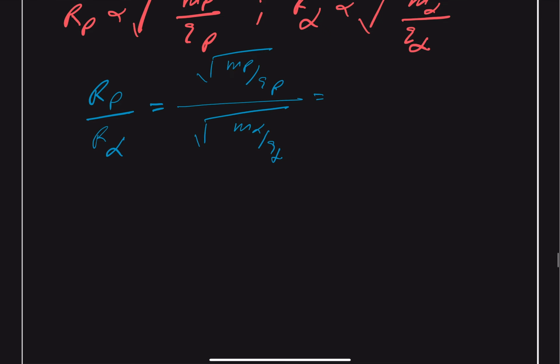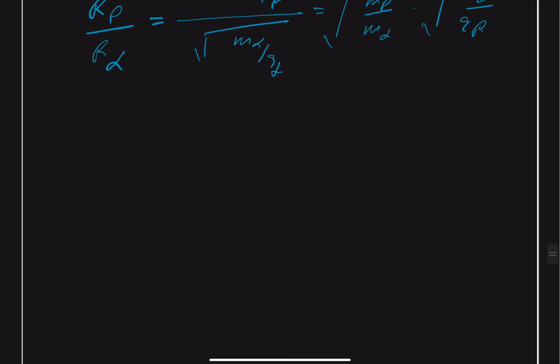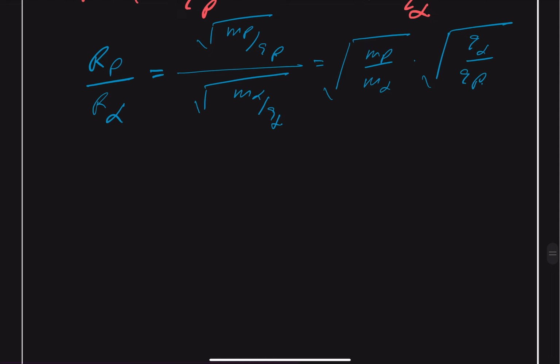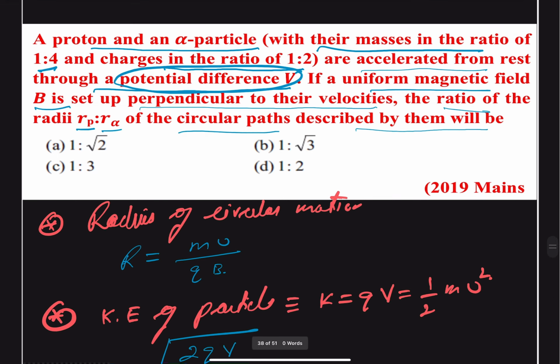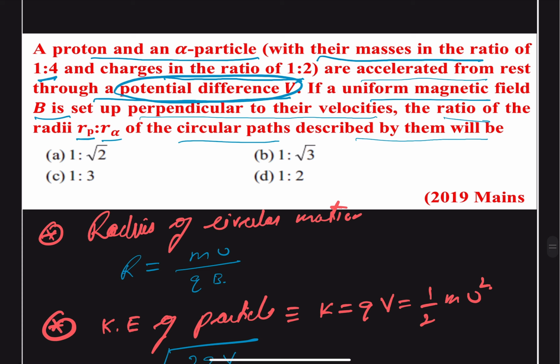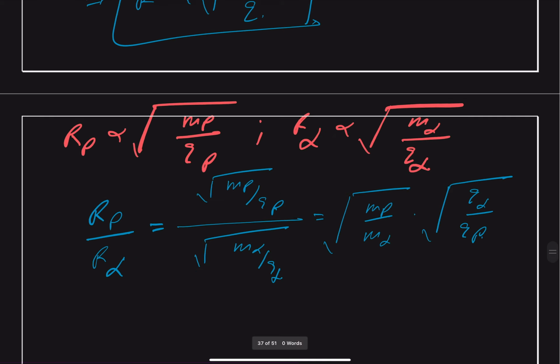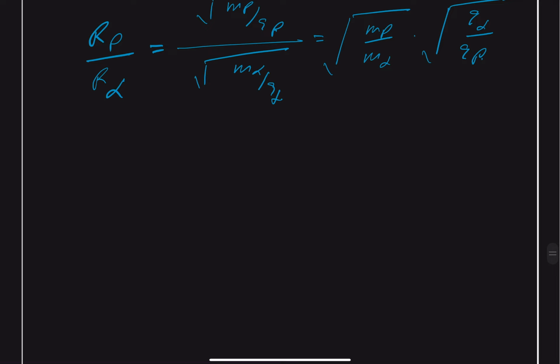This can be further written as mp upon m alpha times q alpha upon qp, and we are given that the ratio of their masses is 1:4 and charge is 1:2. So we can write this will be equal to square root of 1 by 4 times 2 upon 1.